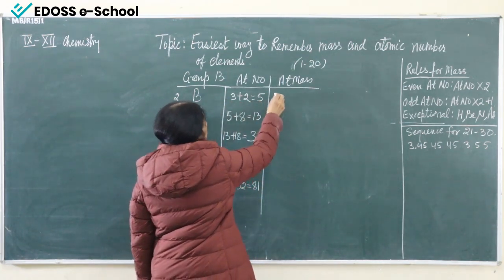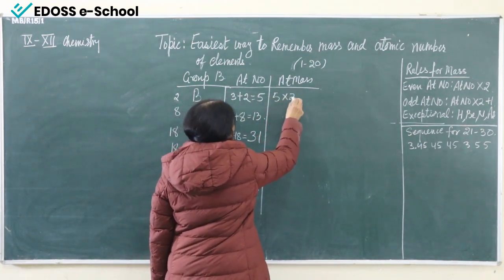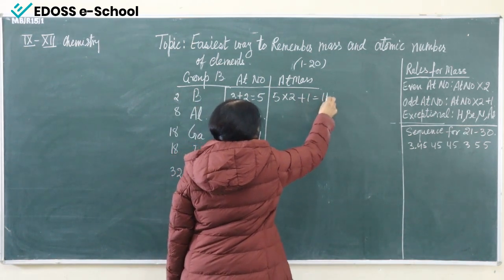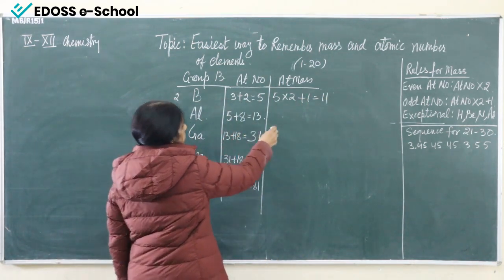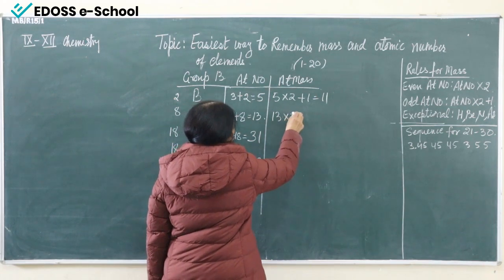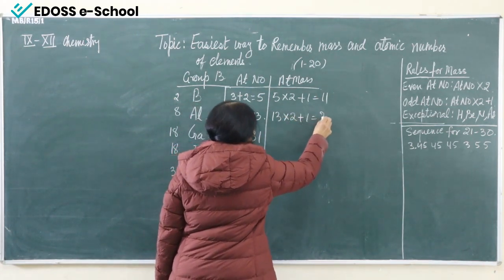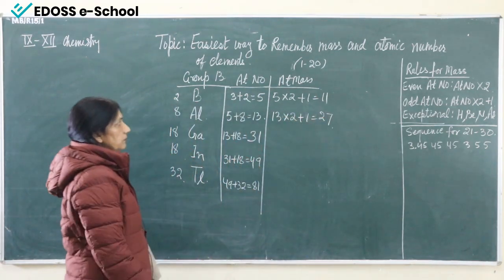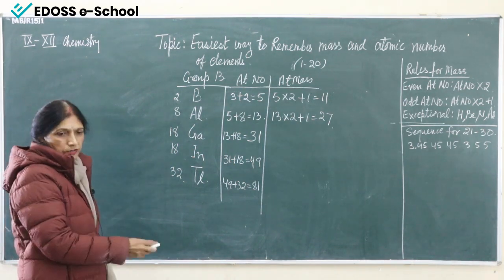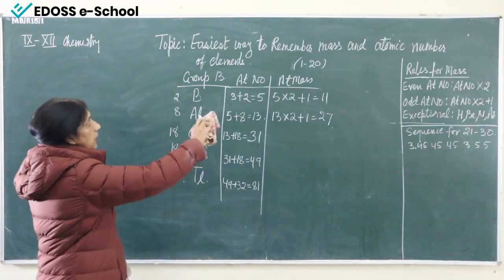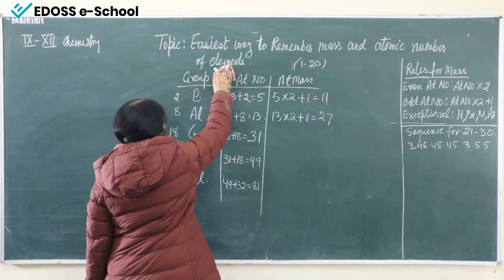So this is 5 multiplied by 2 plus 1. And for this also, 13 multiplied by 2 plus 1. For the rest, this formula does not apply. Now coming to group 14.